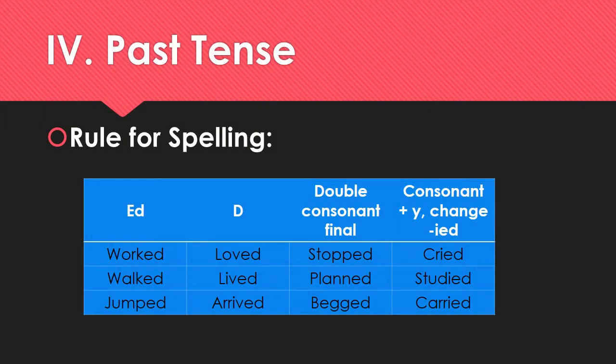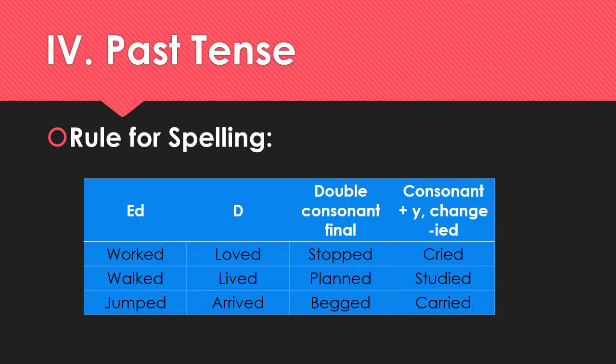The rule for spelling: in most verbs add ed, for example, worked, talked, opened. And in verbs ending in e, add d, for example, loved, arrived, admired. In verbs ending in consonant and y, change the y to i and add ed, ied.